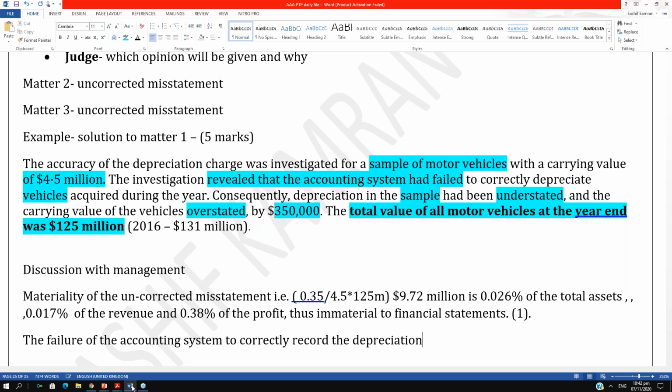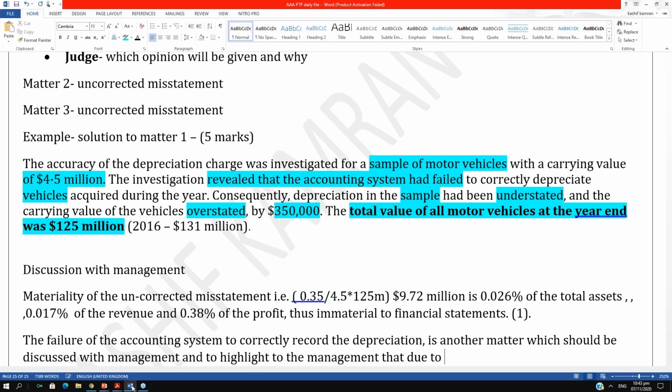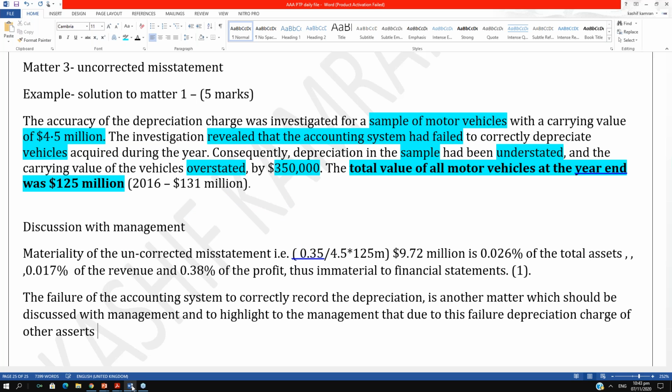The failure of the accounting system to correctly record the depreciation is another matter which should be discussed with management, and to highlight to the management that due to this failure, the depreciation charge of other assets could also be misstated, and which if combined with vehicles could be materially misstated.